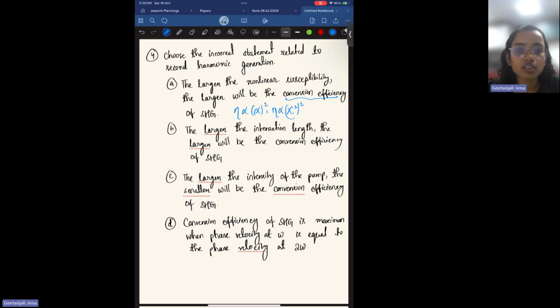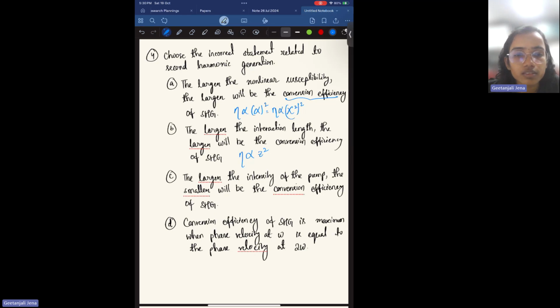So the larger the nonlinear susceptibility, the larger will be the conversion efficiency. The second option is, the larger the interaction length, the larger will be the conversion efficiency. This is also correct because interaction length is nothing but the propagation length. So eta is directly proportional to z square. So this is also correct.